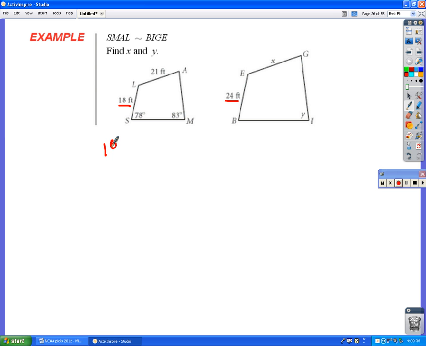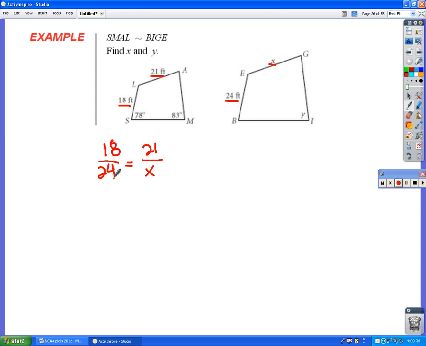So I know that all of the sides are going to be in the ratio of 18 to 24. So if I want to find X, I'm going to start with this side over here, 21, and compare it to X right there. And notice that the two numbers that are on top came from this shape, and the two numbers that are on the bottom came from that shape. That has to be the case.